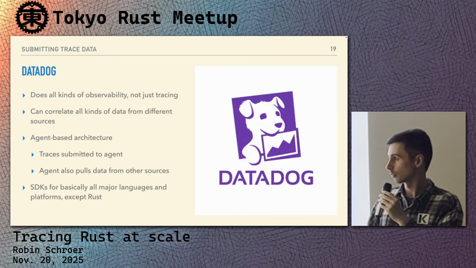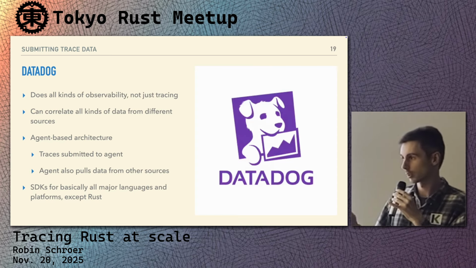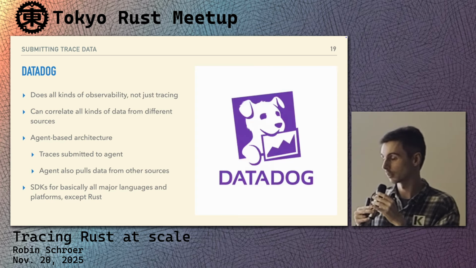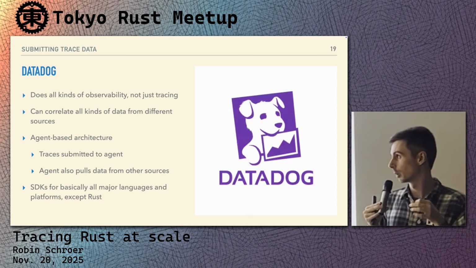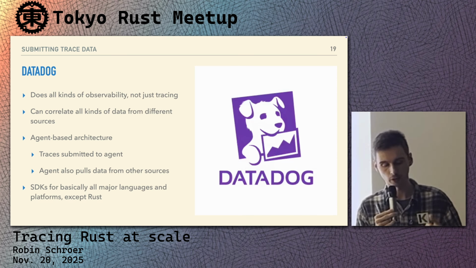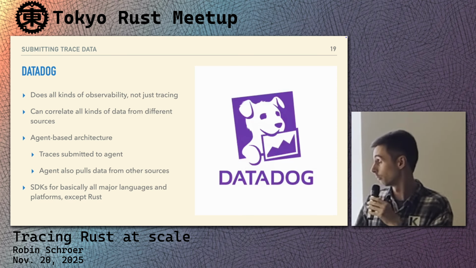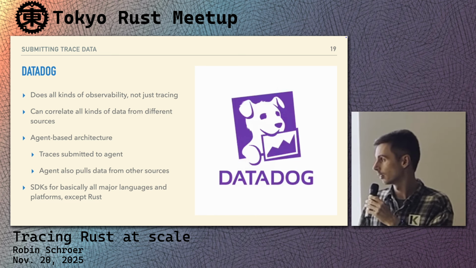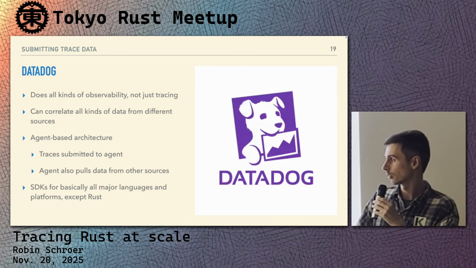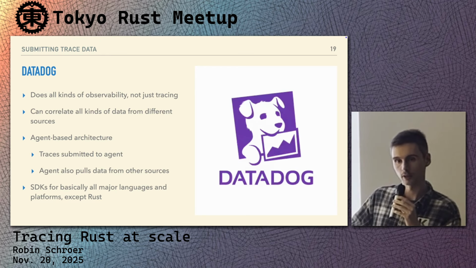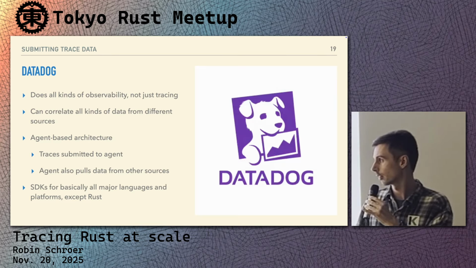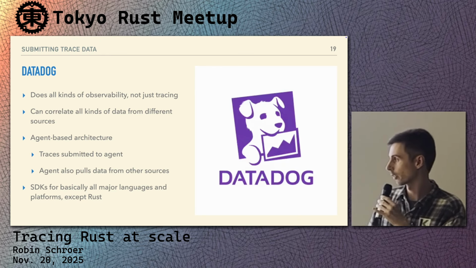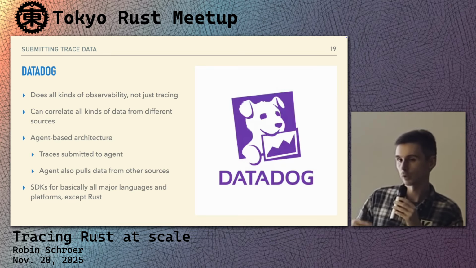So Datadog does similar to OpenTelemetry, all kinds of data, but it does even more than just OpenTelemetry, and it can correlate all that data together, which is really the unique value proposition. Datadog uses an agent-based architecture, so similar to that collector I showed, or how you might have an OpenTelemetry collector. And you submit your trace data, among other things, to the agent, and the agent will then submit that data to Datadog themselves.